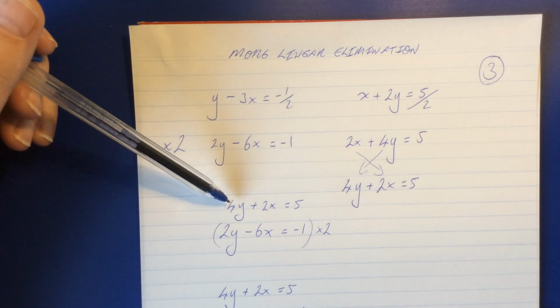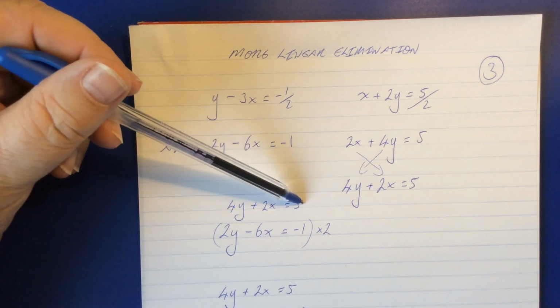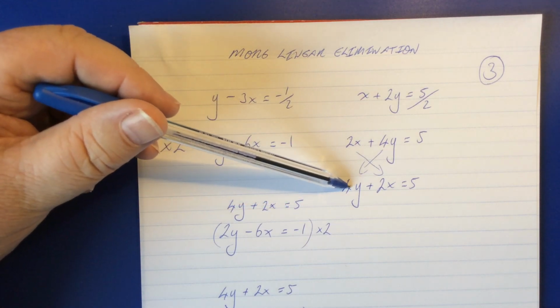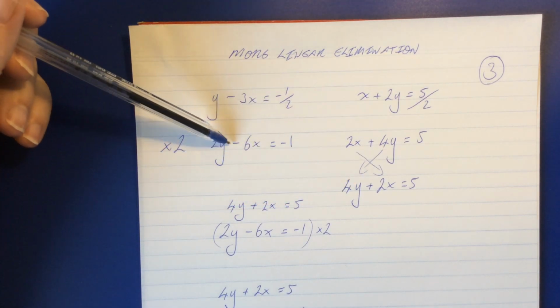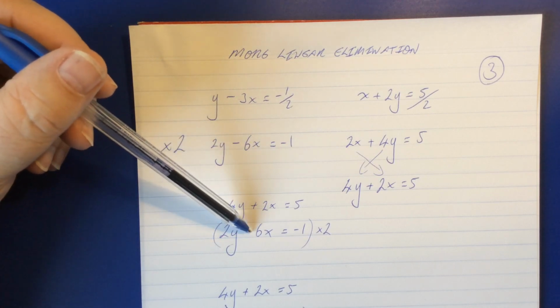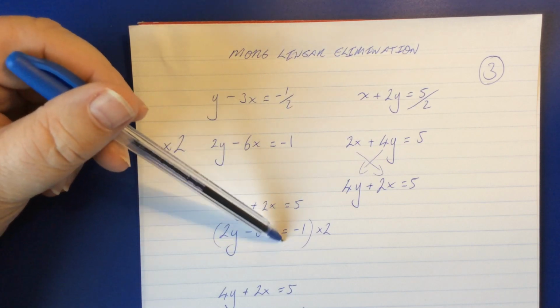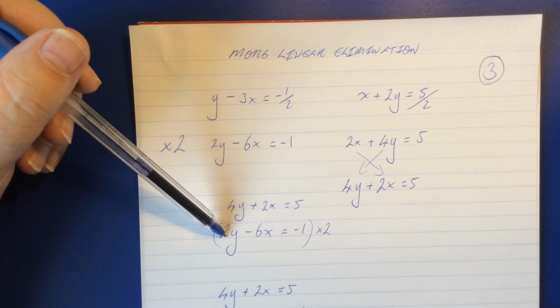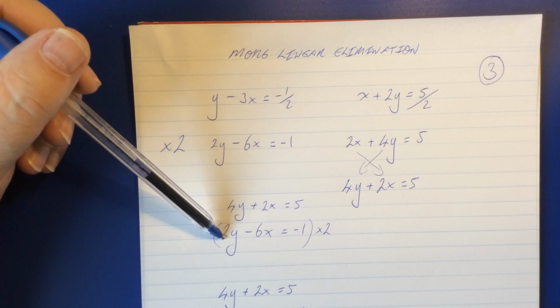I've set this up as my top equation, 4y plus 2x equals 5, which is what I got from here, and I've put this equation below it, 2y minus 6x equals negative 1. Everything lines up. And what I want to do is get rid of the y's.